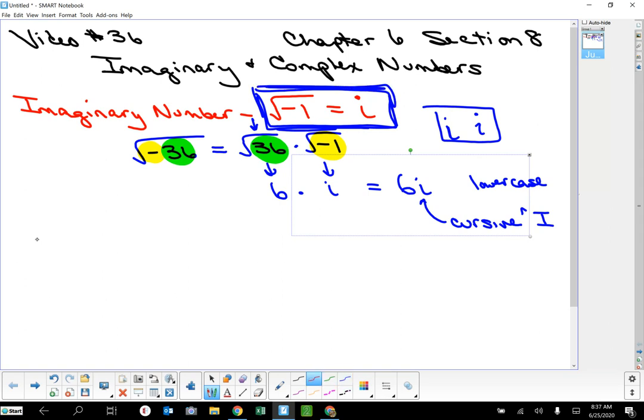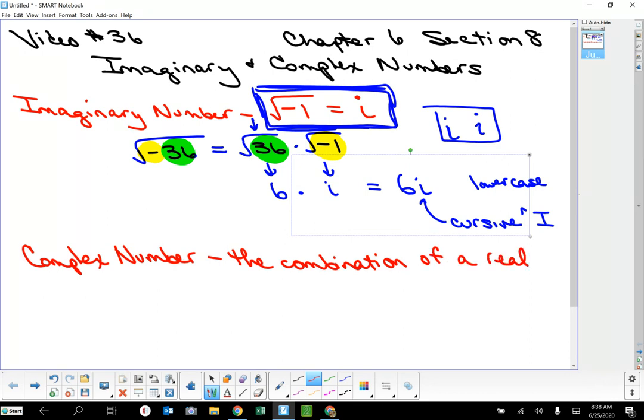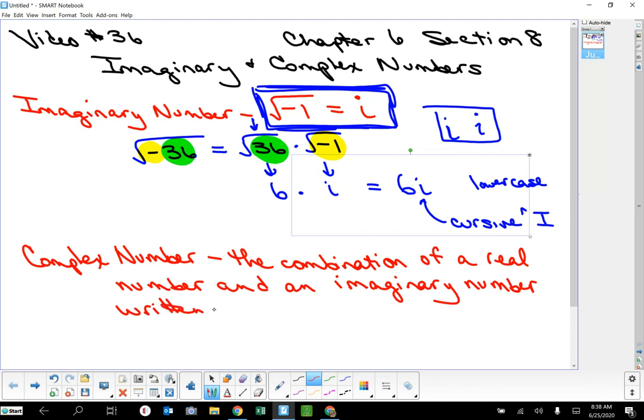A complex number is the combination of a real number and an imaginary number written in the form a plus bi, where a is the real part and bi is the imaginary part.